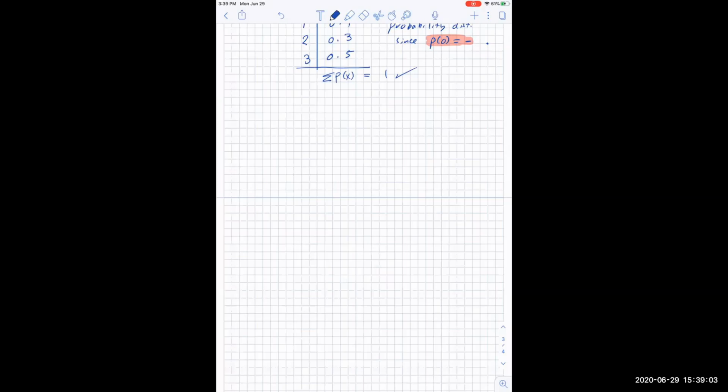So, if the distribution of X is a probability distribution, right? So not every distribution is probability.